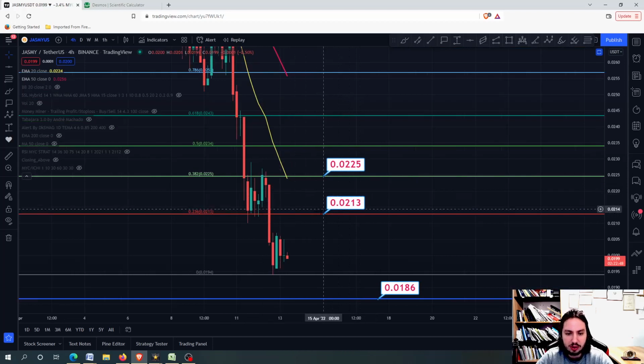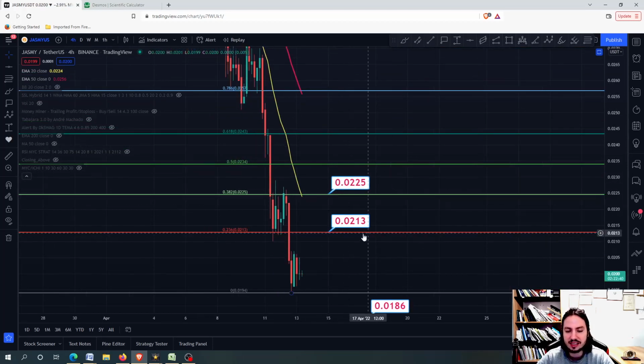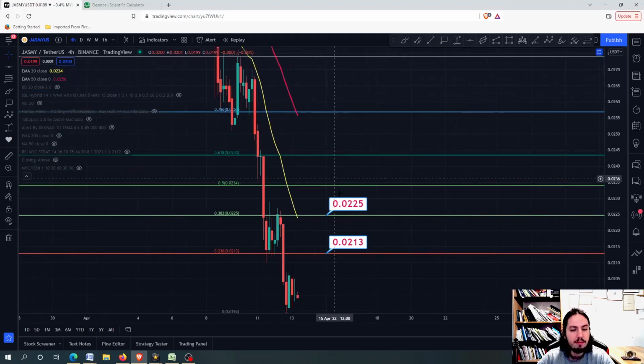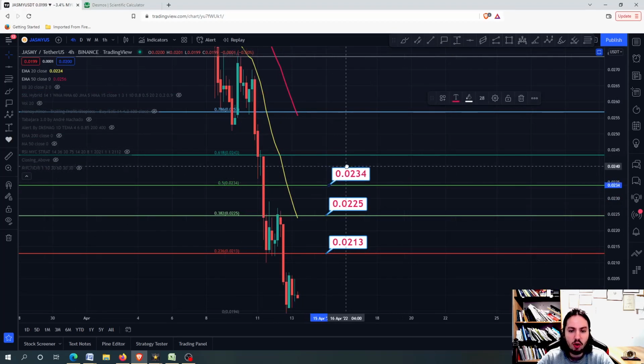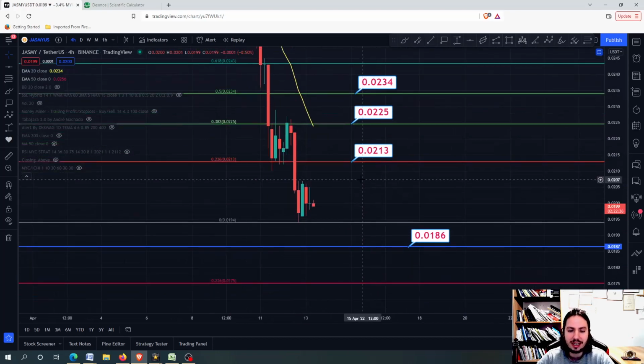This is a very important resistance level in order to cut the lower low, lower high pattern right here, and of course the 0.0225, another important resistance level. I feel that this is most important after all. Okay, and then we can go probably into the next price target, the 0.5 Fibonacci retracement, which is the 0.0234. All right, so these are the next price targets for Jasmy.